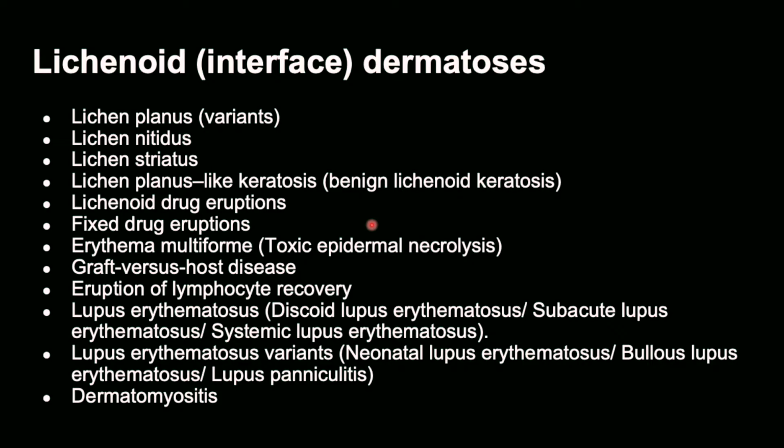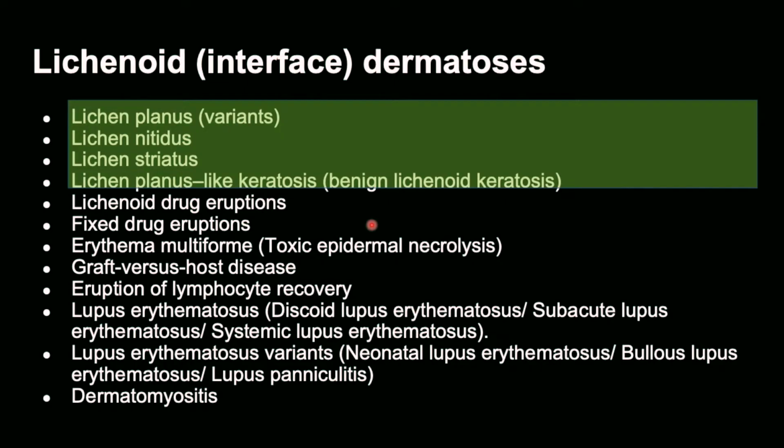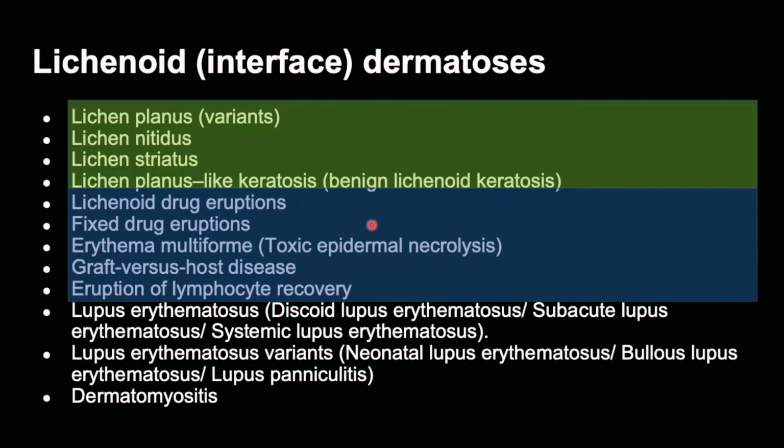I like to think about lichenoid interface dermatoses in three categories. The first category is the lichen planus features, and we will talk about those in detail. The second is the diseases that happen because of medication, or damage related to medication.